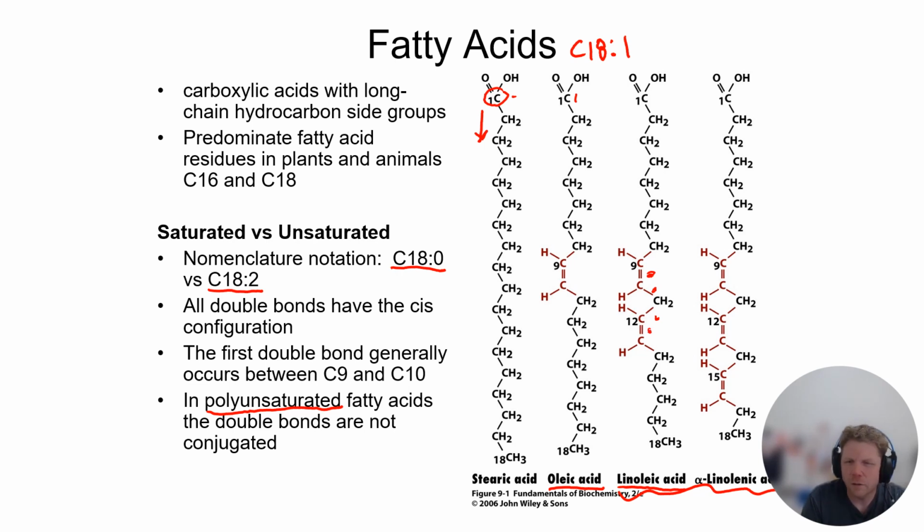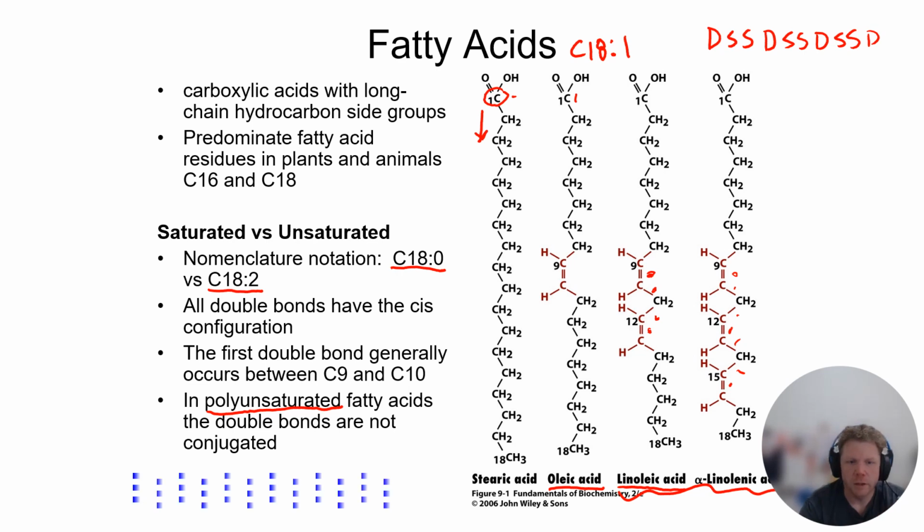So I always think about it as D, S, S, D, S, S, D, S, S, D. So this would be the pattern for a polyunsaturated fatty acid with 4 double bonds. Here is our alpha-linolenic acid. We've got double, single, single, double, single, single, double, and that's it. This is a polyunsaturated fatty acid with 3 double bonds.